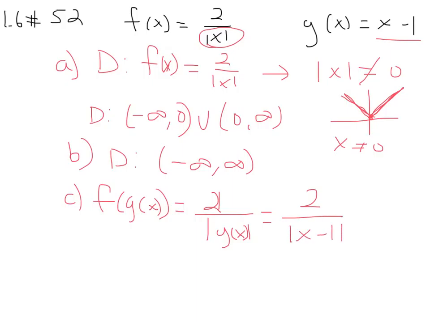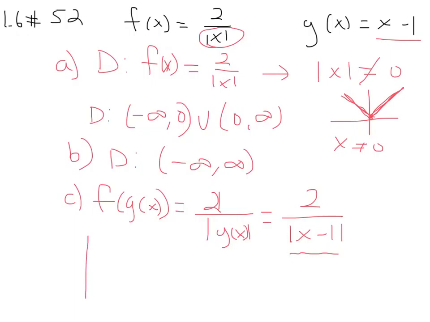Okay. So again, we're looking into the domain. And the domain, well, we haven't added any roots, so we don't have those to worry about. We do have this absolute value of x minus 1 that's sitting on the bottom here.